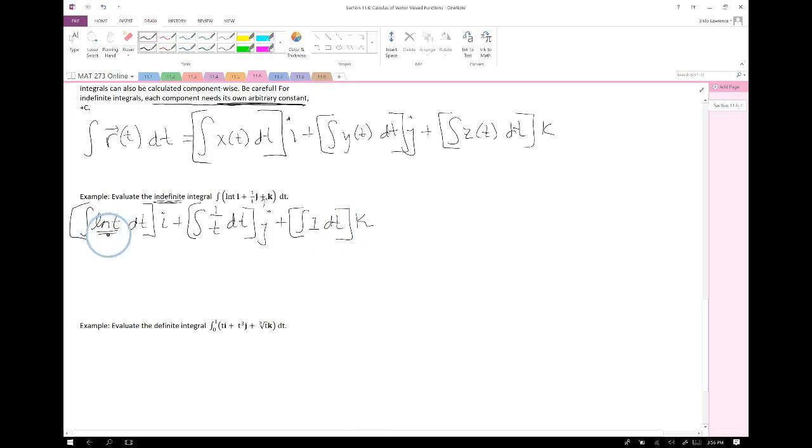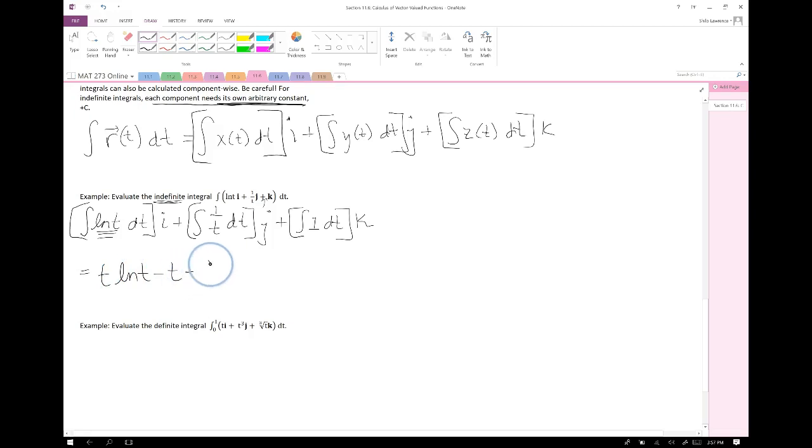So you may remember back in Calculus 2 how to integrate natural log, or you may not. The integral for natural log technically requires us to work out integration by parts. And when we do that, we get t natural log of t minus t.